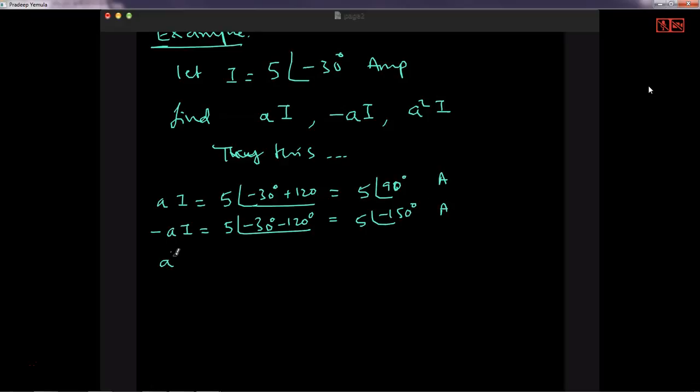So what is A square I? So A square I is 5 angle minus 30 degrees and then plus 240 degrees. So square means plus 240. So that is 5 angle 240 minus 30, which is 210 degrees.